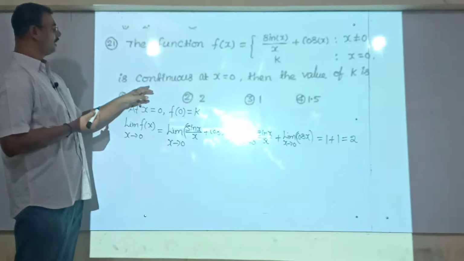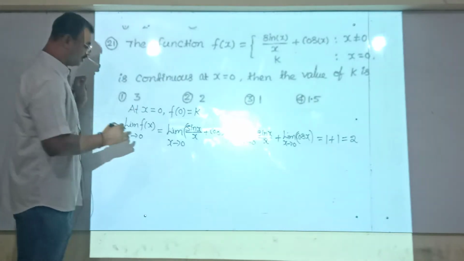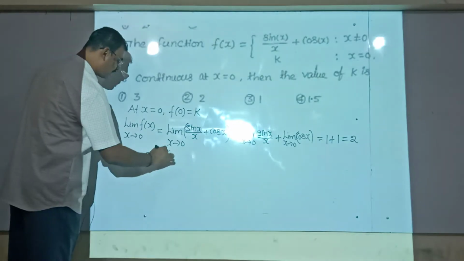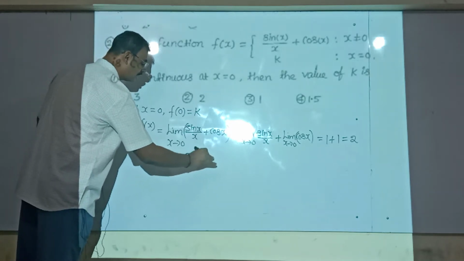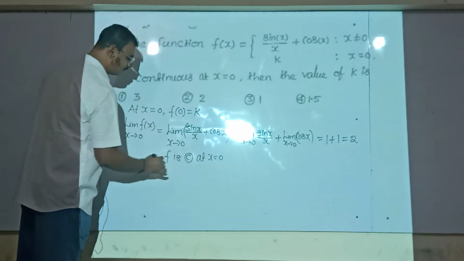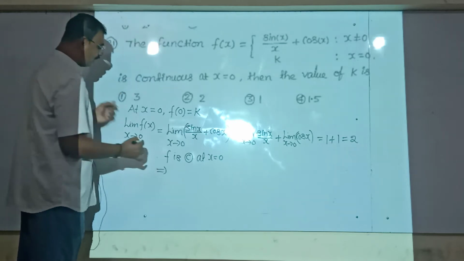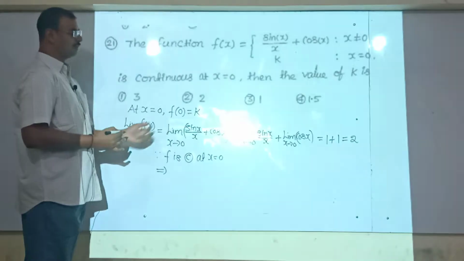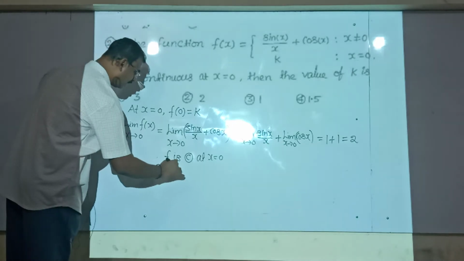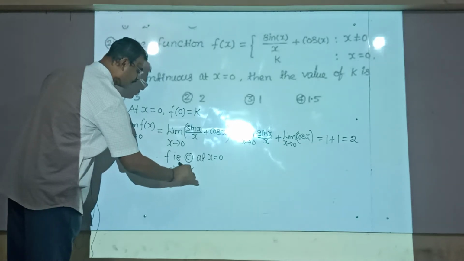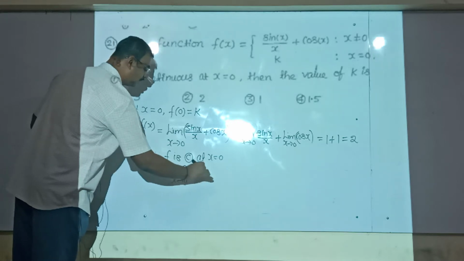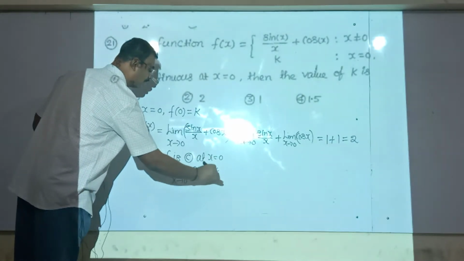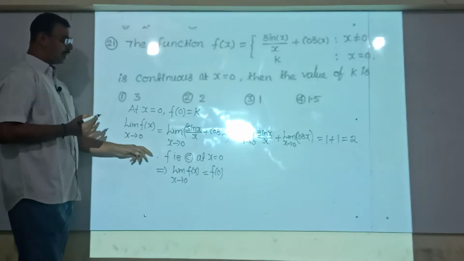Now since f is continuous at x equal to 0, this means the limit of f of x as x approaches 0 equals f of 0.